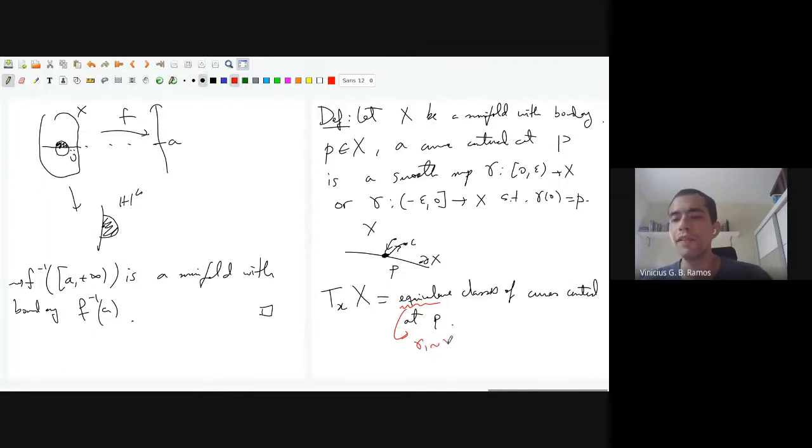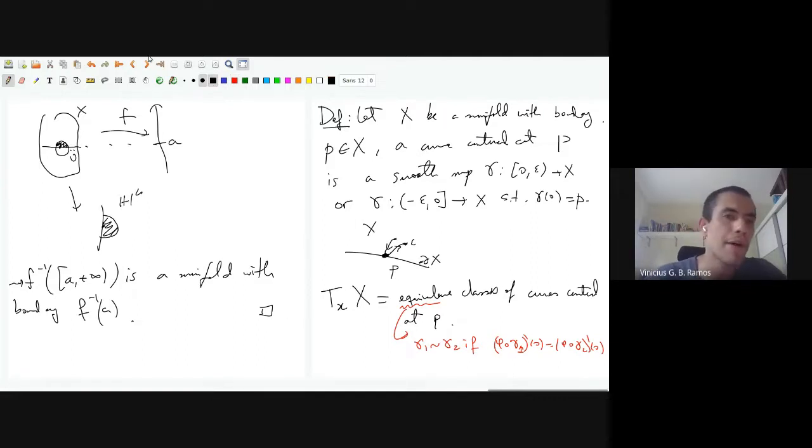Gamma 1 is equivalent to gamma 2 if phi composed with gamma 1 prime at 0 is equal to phi composed with gamma 2 prime at 0. Okay? And these derivatives are well defined because we assume that this object extends a little bit in the neighborhood, even for the points on the boundary.